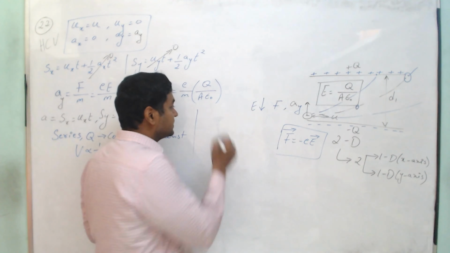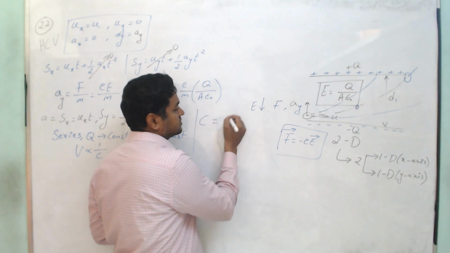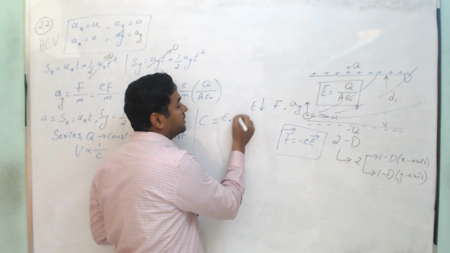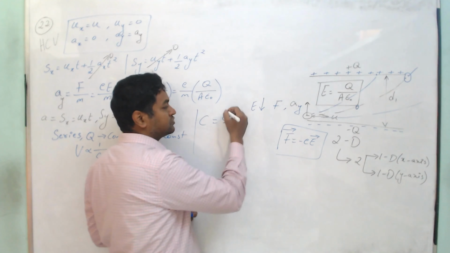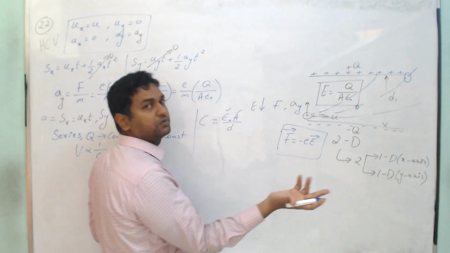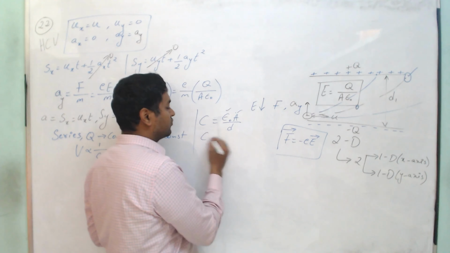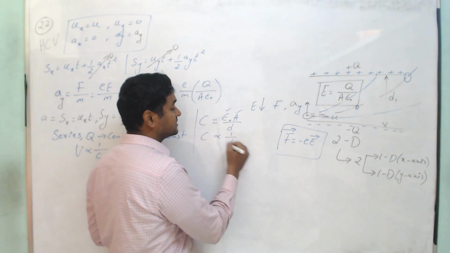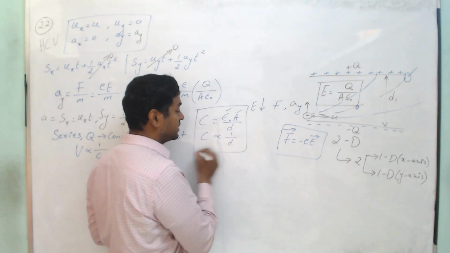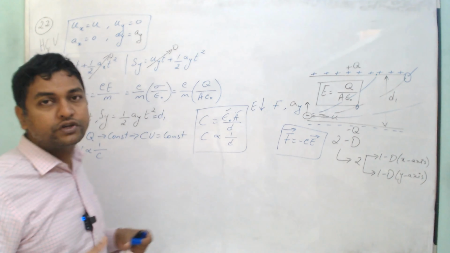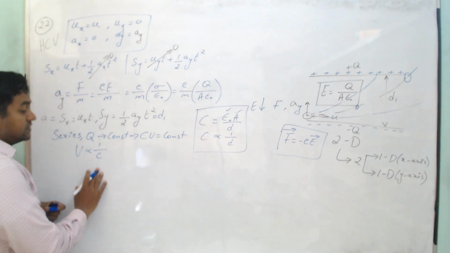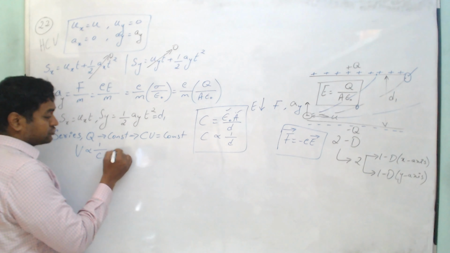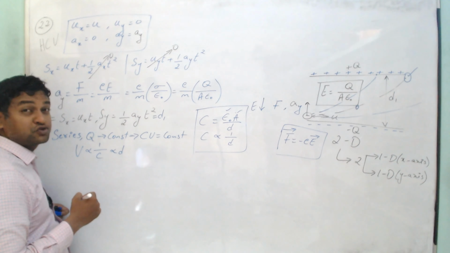Capacitance is epsilon naught A by D. What I am trying to look at over here is that epsilon naught and area for both the plates are the same. Therefore, my capacitance is proportional to 1 by D, inversely proportional to D, right? So my voltage is proportional to D.